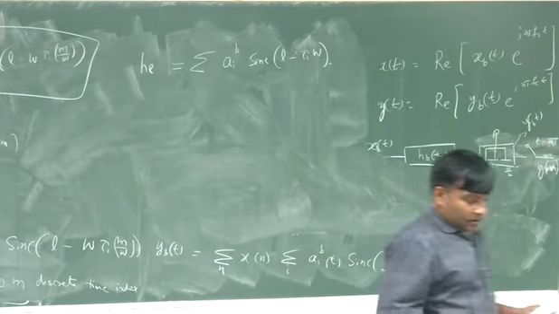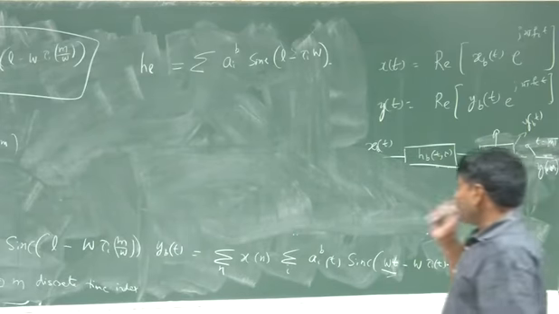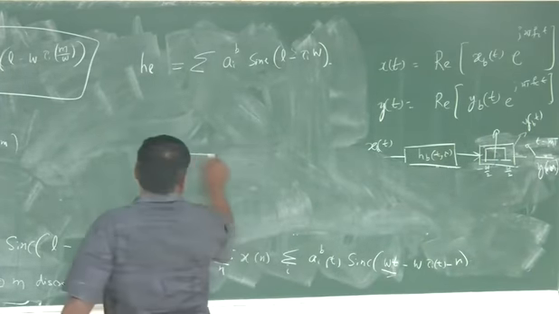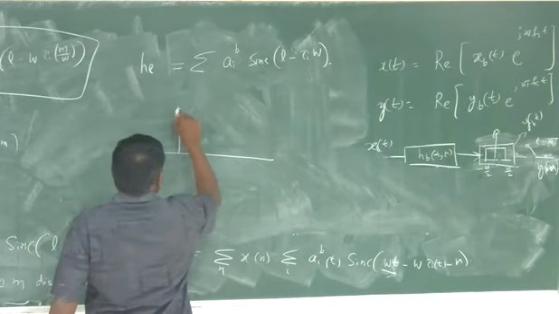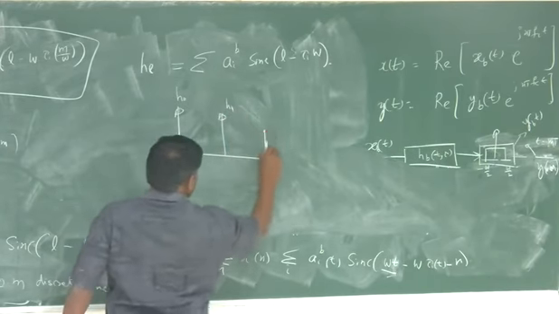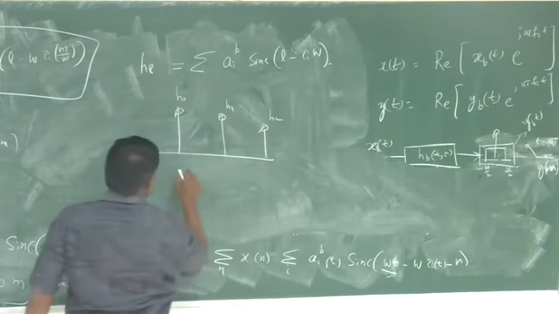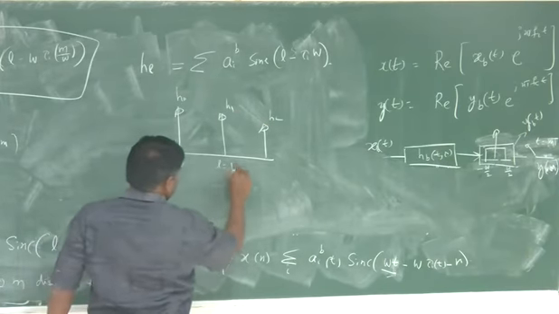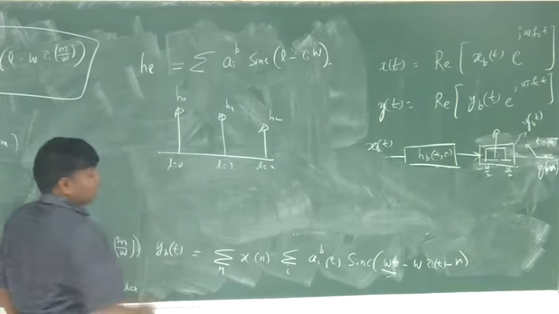So, the effective impulse response, now what is H of L? You may say, why do you want to start with L equal to 0?